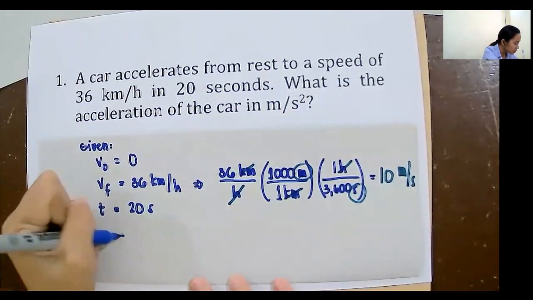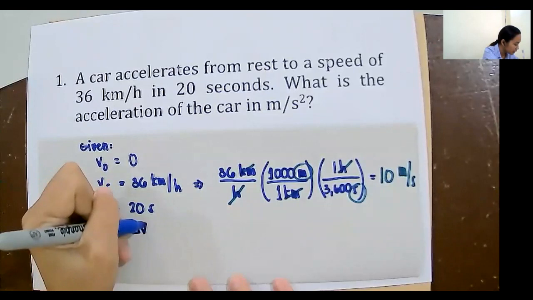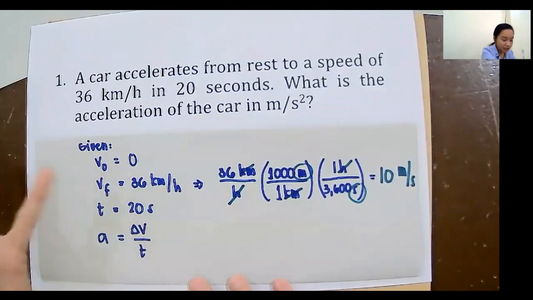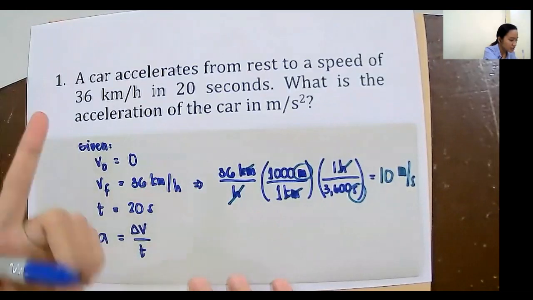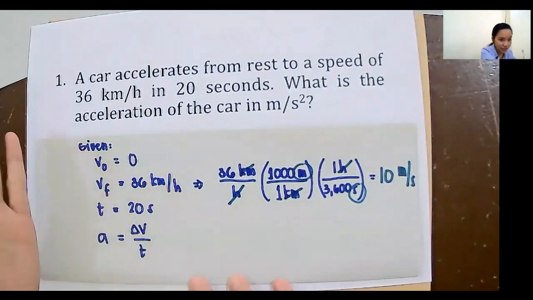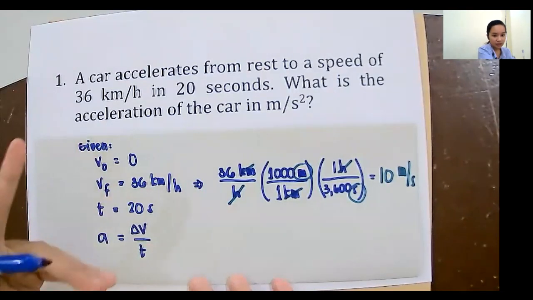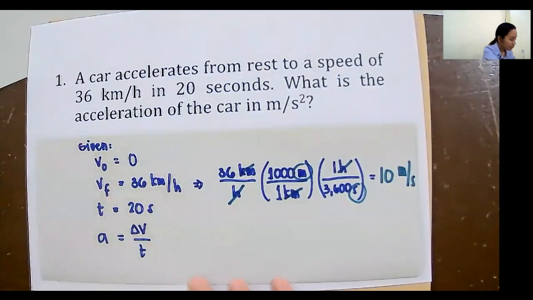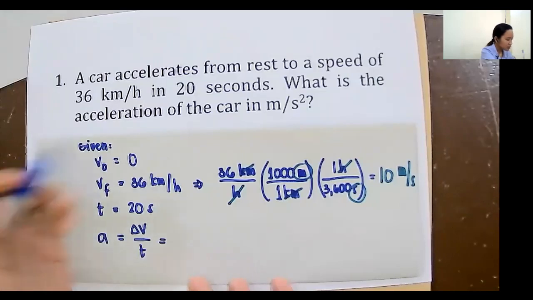So acceleration is given by delta v over time. In this case, we are using speed. Speed and velocity are interchangeable in getting our acceleration. Since speed is given, it means we have no direction for the acceleration, but we have to go for the sign, whatever sign we get after solving this problem.